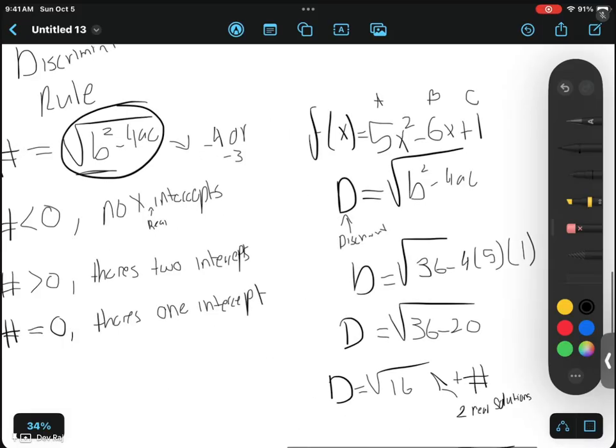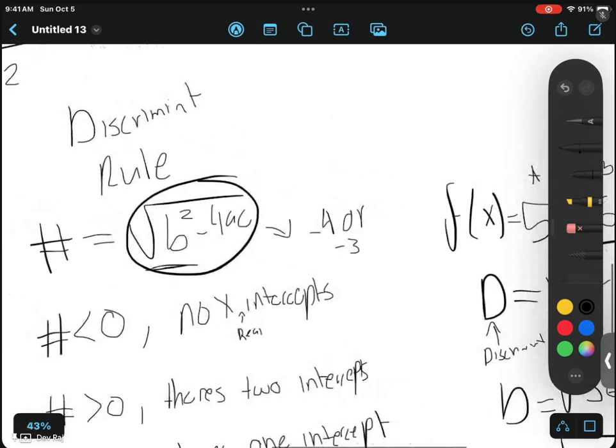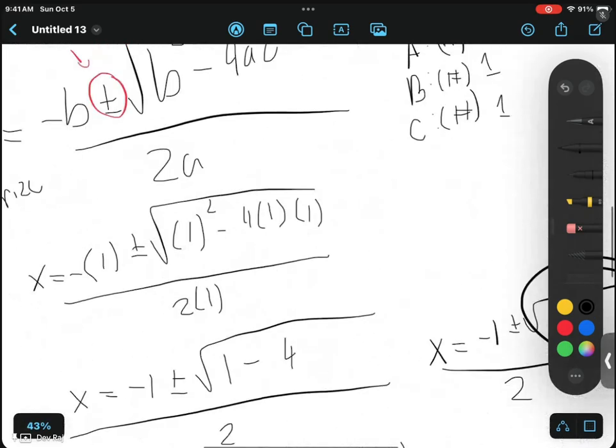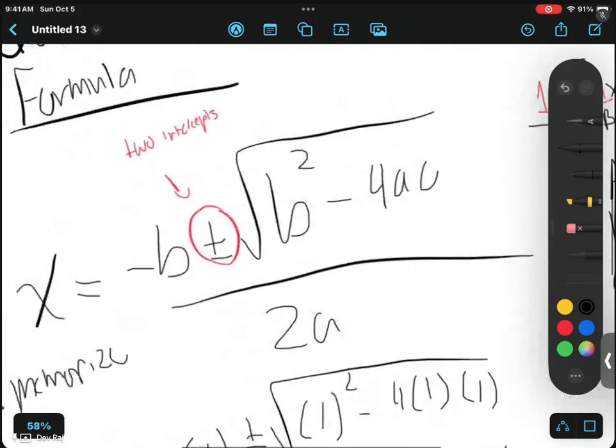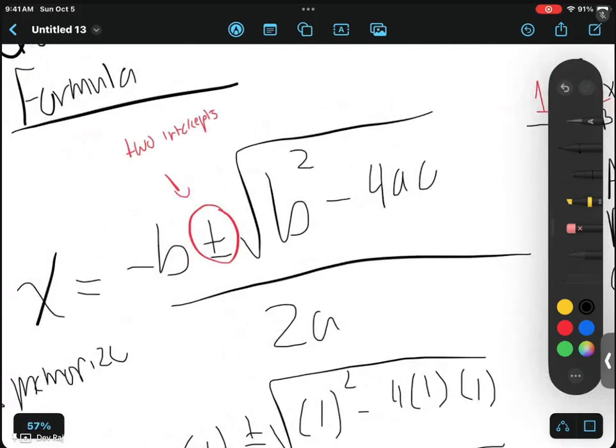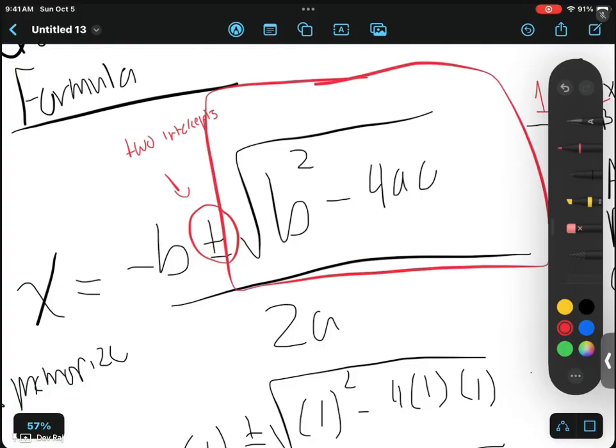No? Okay. So this is the quadratic formula. X is equal to negative b plus minus the square root of b squared minus 4ac, over 2a, right? So our discriminant is basically this entire thing, the square root of b squared minus 4ac.